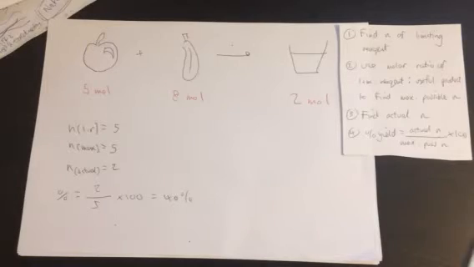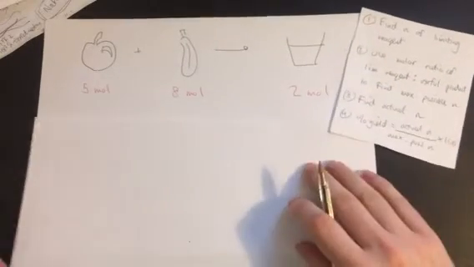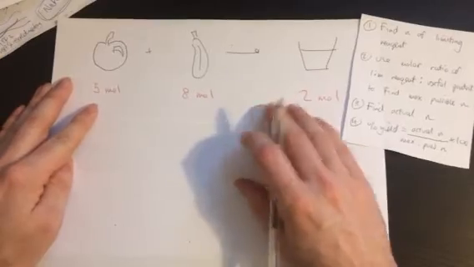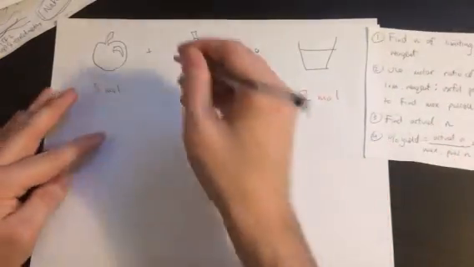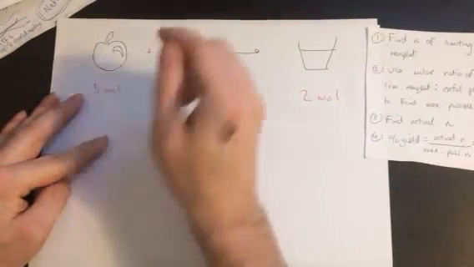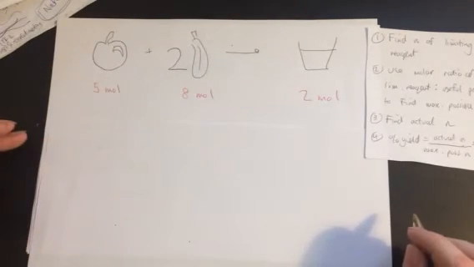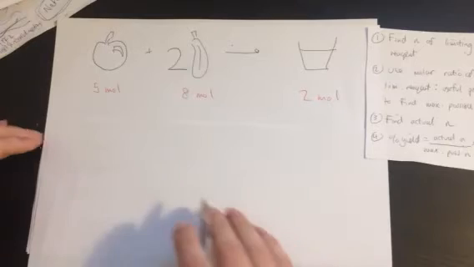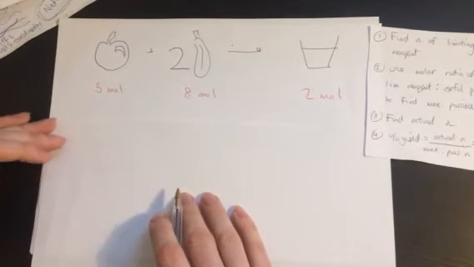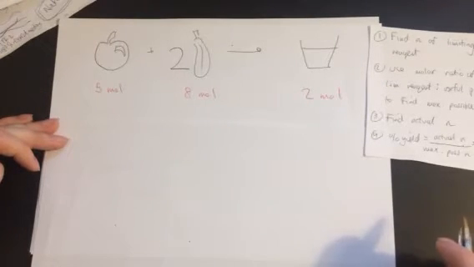Let's have a look at a few variations on this. So exactly the same question as before, but now for every 1 apple, we need 2 bananas to make our smoothie. So let's see how that affects things. So first of all, let's find our moles of limiting reagent.